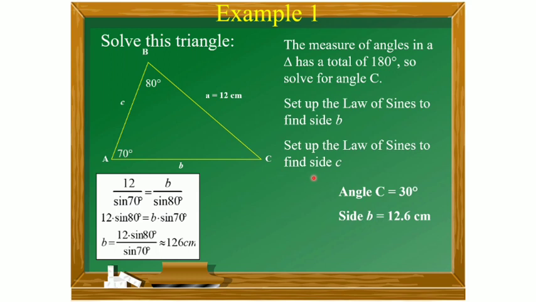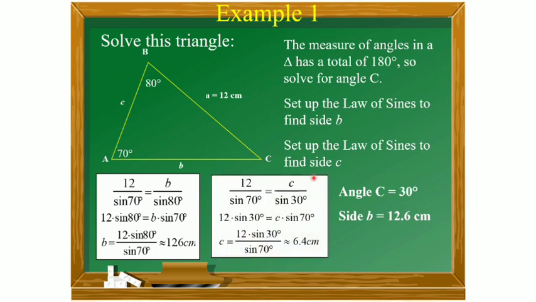If we substitute the values, we will get 12 over sine 70 degrees is equal to, rewrite C, over sine 30 degrees.